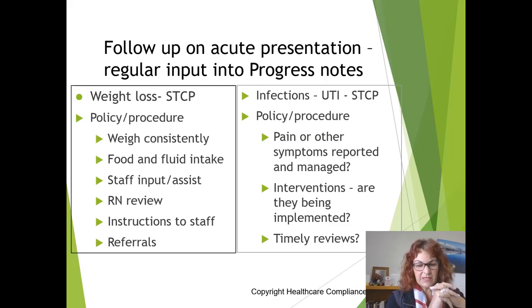Is it half a piece of toast? Is it half a cup of soup? Is it 150 mils of soup? Measure it. Is it 2 teaspoons of porridge? Put that in. That's much more meaningful. The more detail, the more we're able to gain a clear picture of exactly what the intake is.